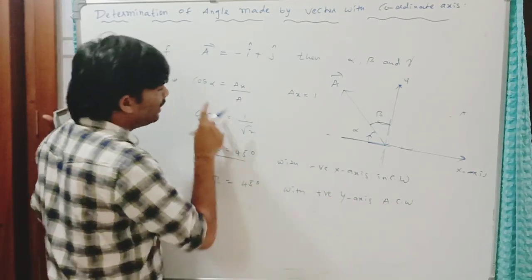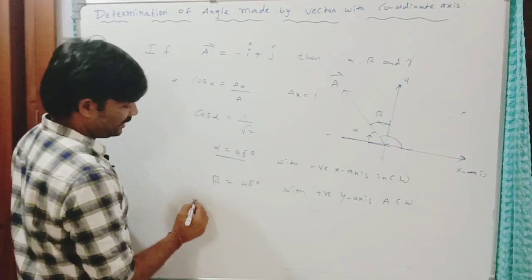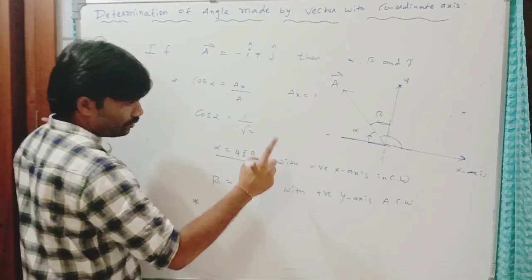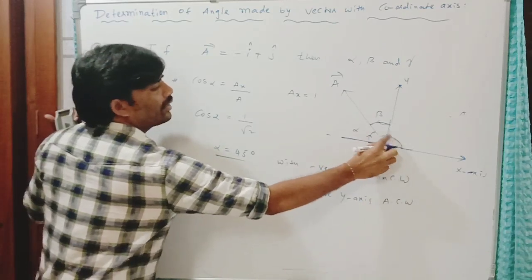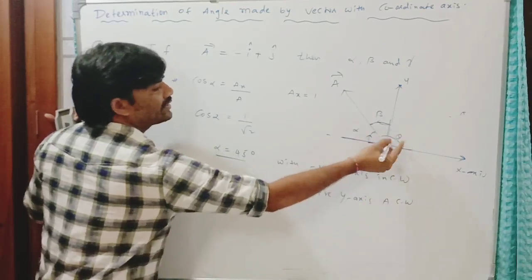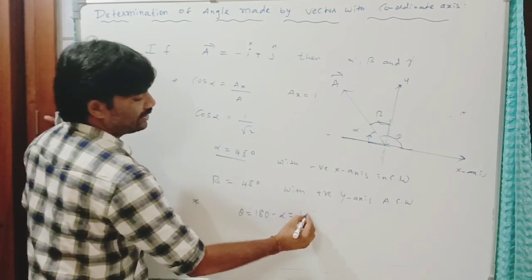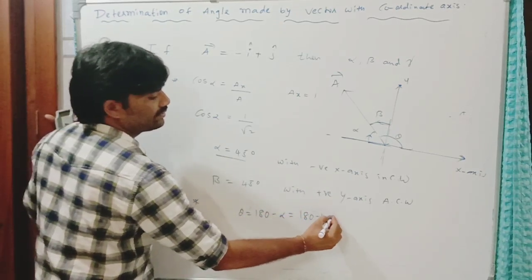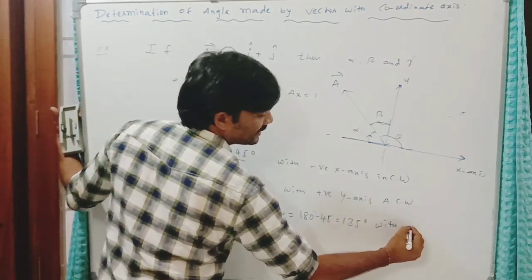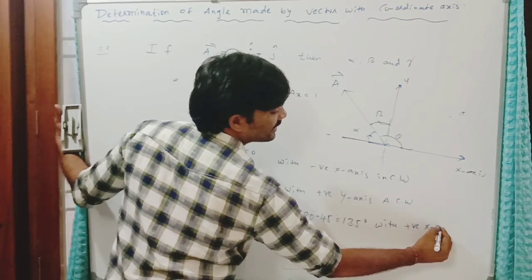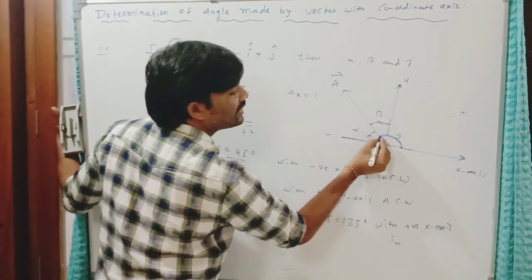Or what is the angle made by this vector with the positive x axis? You can see the angle made by that vector with the positive x axis is what? This is alpha. And I want this, if it is some theta, alpha plus theta is 180, so theta is 180 minus alpha, which gives 180 minus 45, equal to 135 degrees with the positive x-axis in anti-clockwise direction.